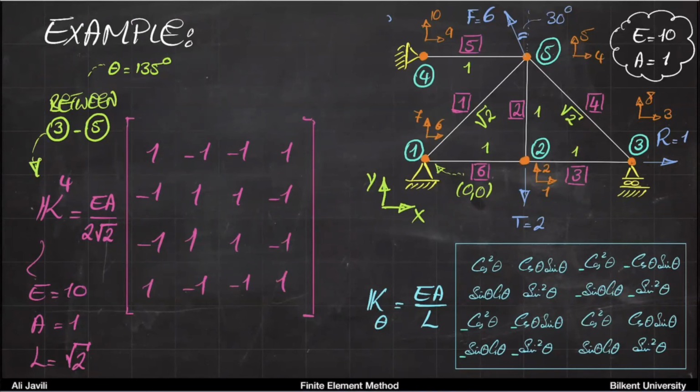And then again, you just write your global degrees on that. So node 3 in the X and Y direction, the degrees are 3 and 8. Node 5 in the X and Y direction, the degrees are 4 and 5. So what you need to do is 3, 8, 4, 5 here, 3, 8, 4, 5 here. This is for your element 4.